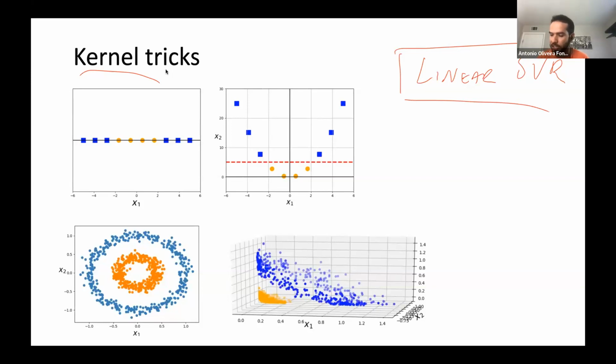So for example, in this case, if I take this data and I apply a quadratic transformation, now for each one of these x's, instead of using just x1, the data that I'm going to feed or train the regressor on is actually a kernel of x1, which essentially is x1 squared, okay? And here, now I have a very clear way of separating this problem.